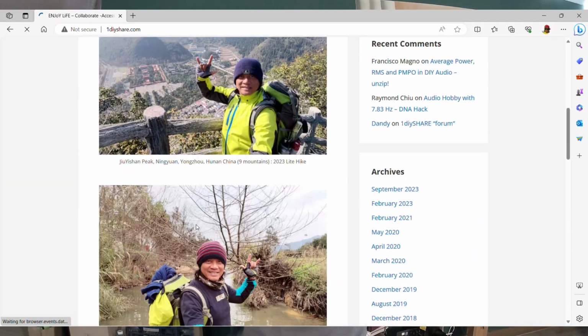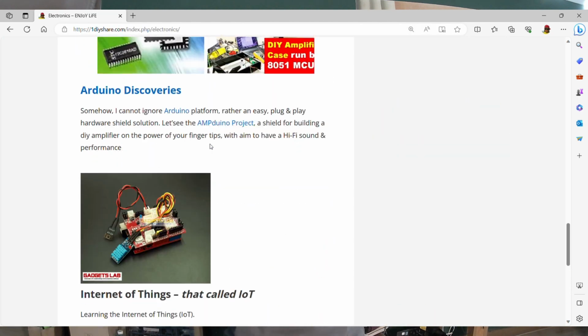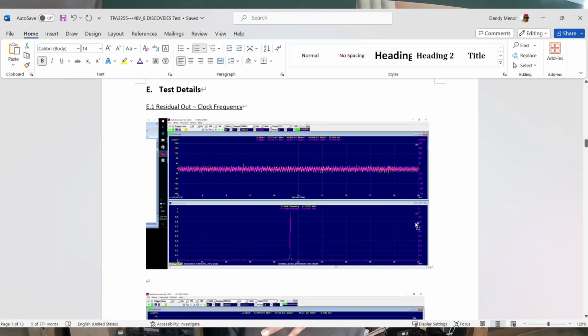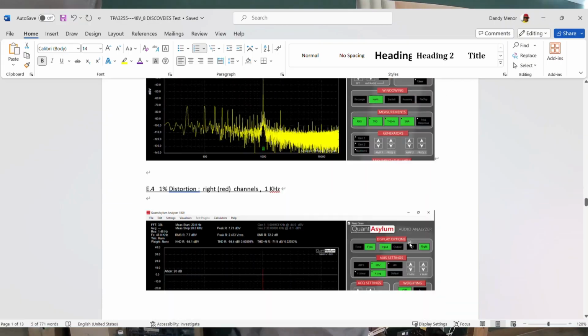I hope that it's still alive and I can still pay for it through the years. I link down where you can download the report about the TPA3255, and then you can criticize it and put comments on it. Probably you can improve the description. You can put in more words, or maybe correct my English grammar.